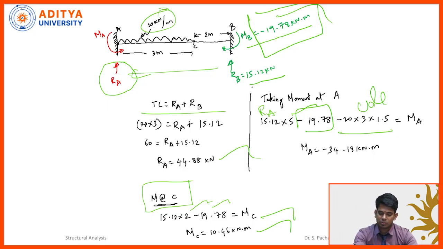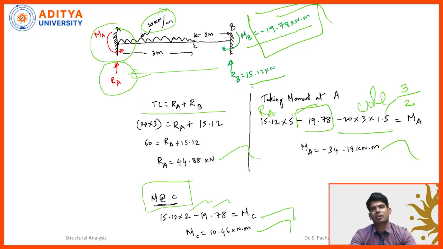So 1.5. How does this 1.5 come? 3 by 2. So equal to MA. So we got the value MA also. This also became green color now. So we calculated every value by using the flexibility matrix method.